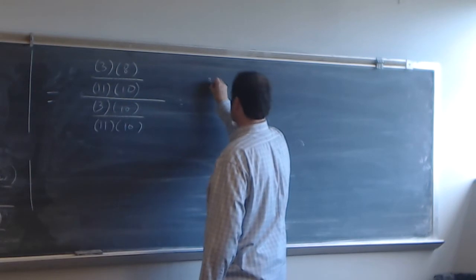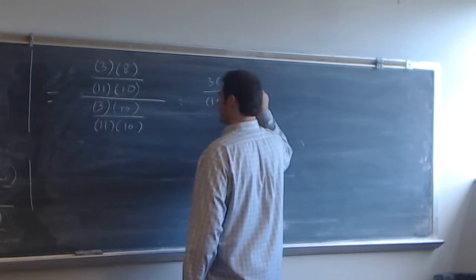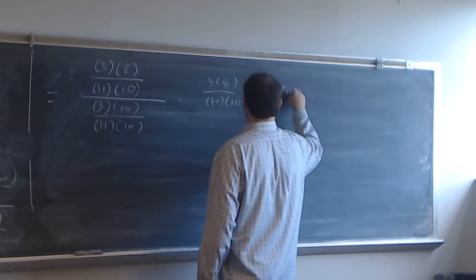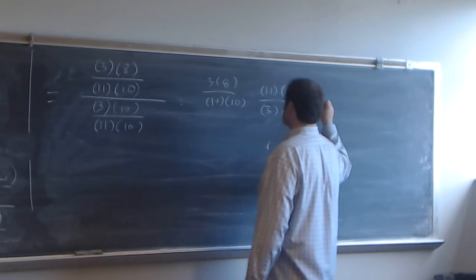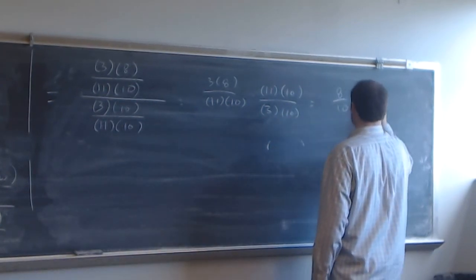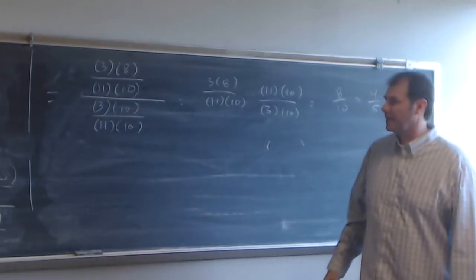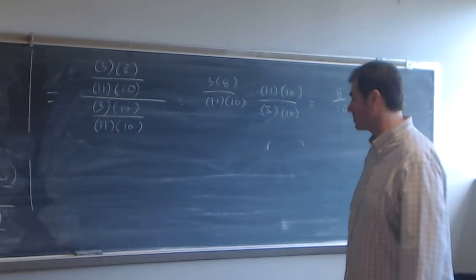So this ends up being (3 times 8) over (11 times 10), divided by (3 times 10) over (11 times 10). And so that ends up being 8 over 10, which is 4/5. So the probability that the second ball is white given the first is red is 4 out of 5.